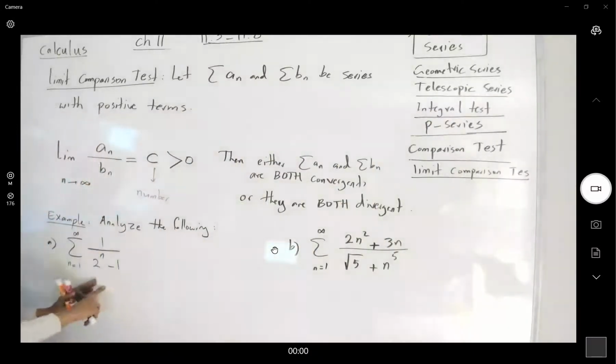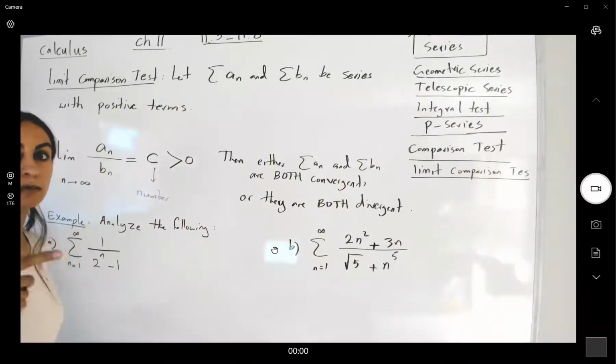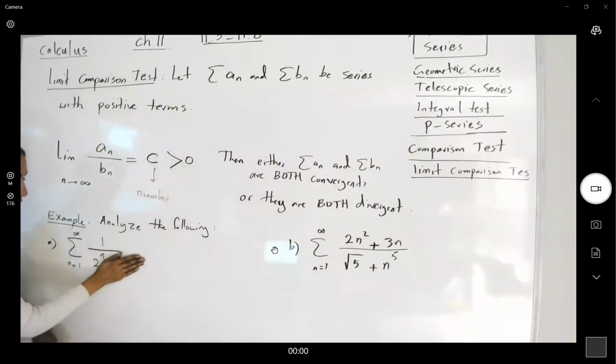So is this a geometric series? It's not a geometric series, but it's similar to a geometric series. If I ignore this negative one, the constant, I get a geometric series. So my best option is to compare it with the geometric series 1 over 2 to the n.